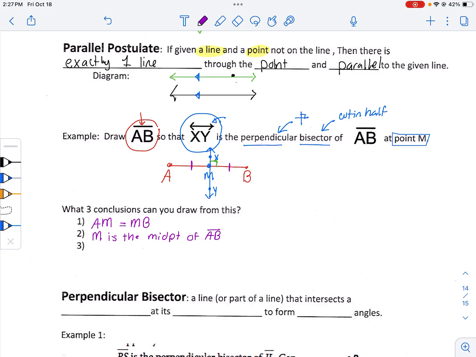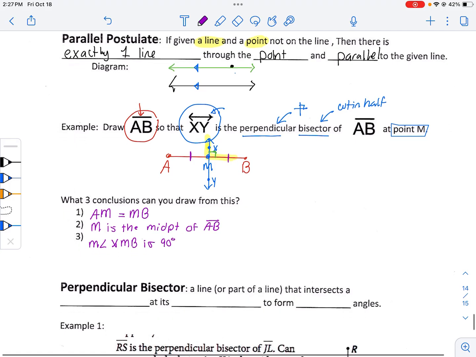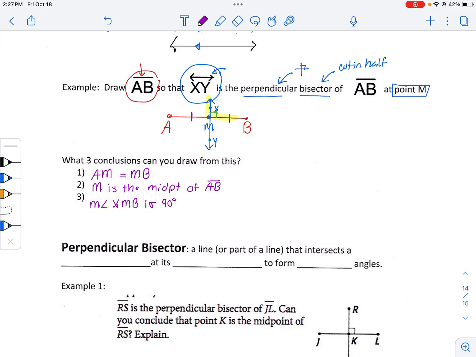And we can conclude that the measure of angle XMB, and honestly we could name any of those angles, I just named this one right here, is 90 degrees because it was perpendicular. So just by calling something a perpendicular bisector, we're given a lot of information.